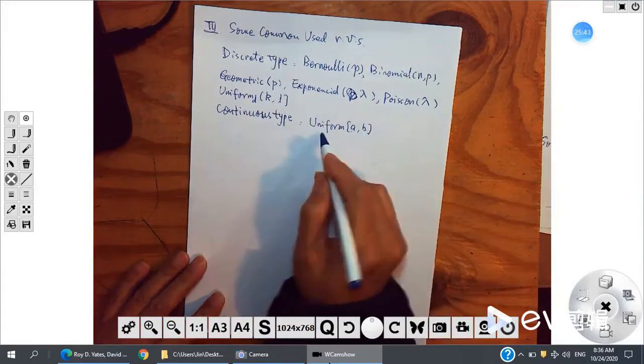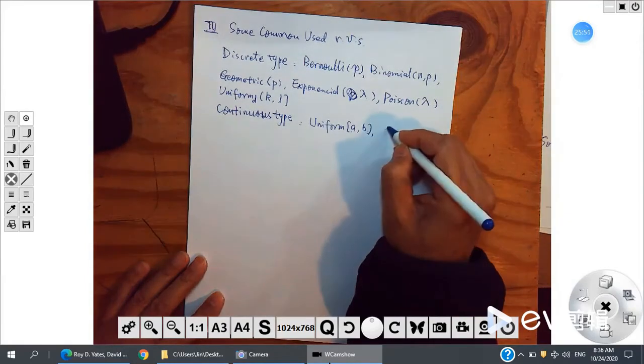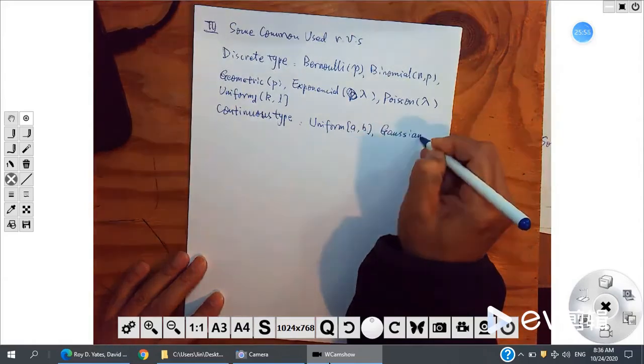Then we have the Gaussian, also known as normal, right?